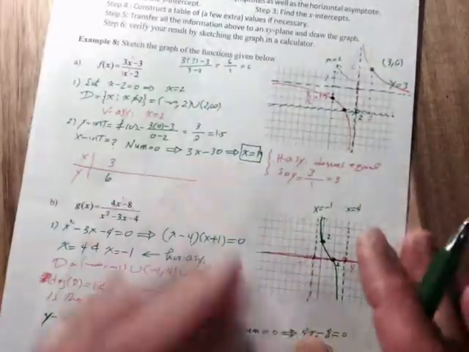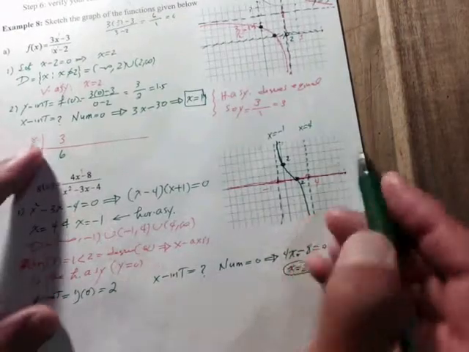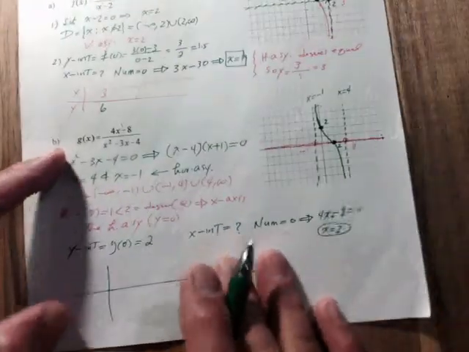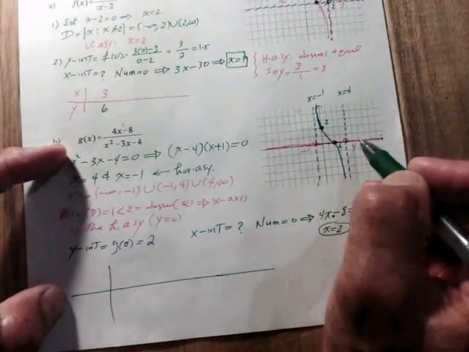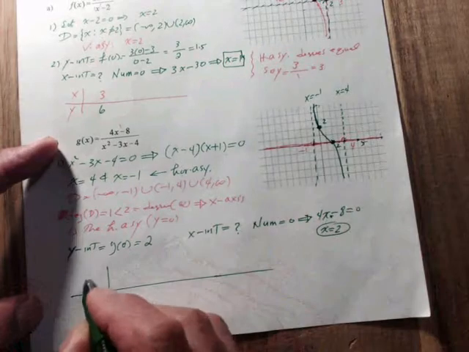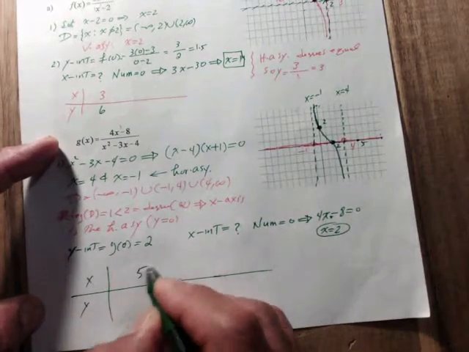Now how about the piece on the right side? I need some table of values. To get the one on the right side of 4, I'm going to use x equal to 5. What do I get?